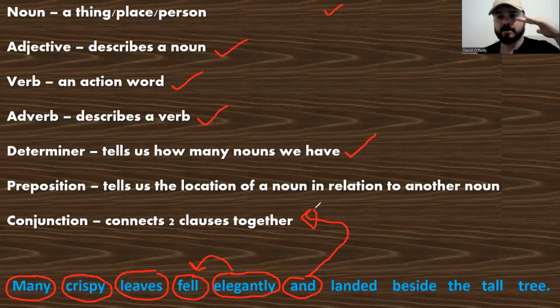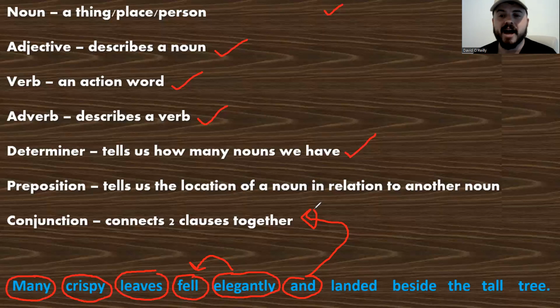Many leaves are falling and landing beside the tree. So the falling and the landing are two different clauses, two different ideas, and they're being connected with the word and. Okay, conjunctions are a massive thing when it comes to word classes. They're probably going to be the word classes that take up most of our time. But once we master conjunctions, it will transform our writing, I promise.